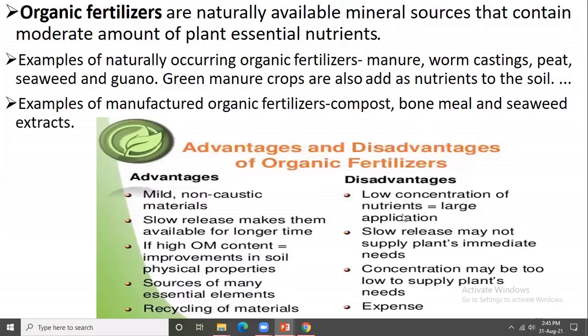Disadvantages: low concentration of nutrients. The nutrient concentration is very low, so we need to apply a large amount.